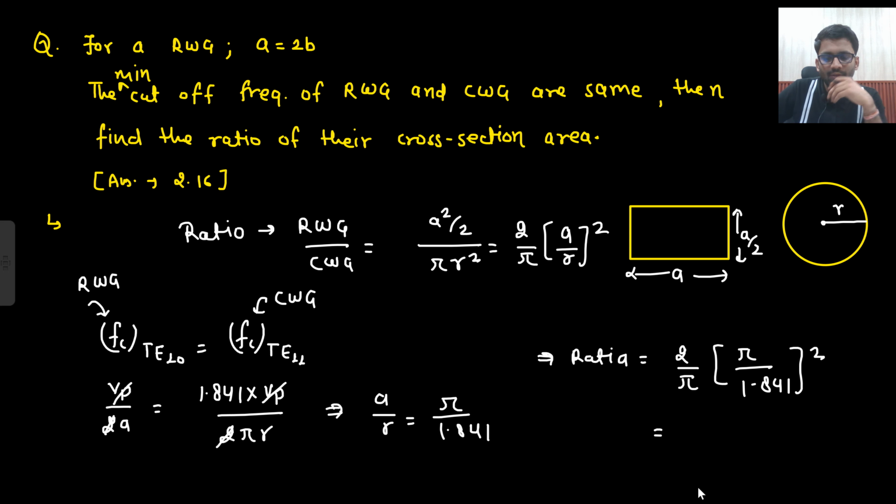Here there is an error, no? This would be 1 by 2 pi, right? Since the rectangular cutoff is Vp by 2a, A by r would be pi by 1.841 with a 1 by 2 pi factor. So the ratio is (pi by 1.841) whole square divided by 2, divided by pi.